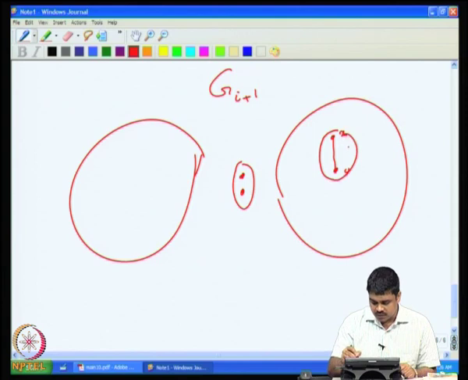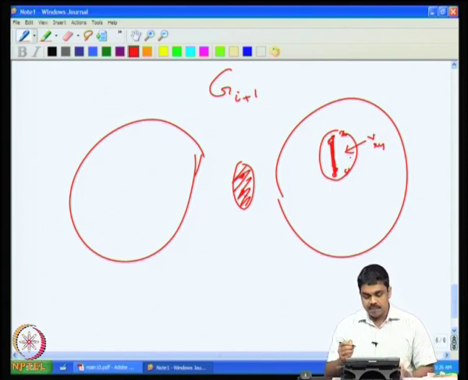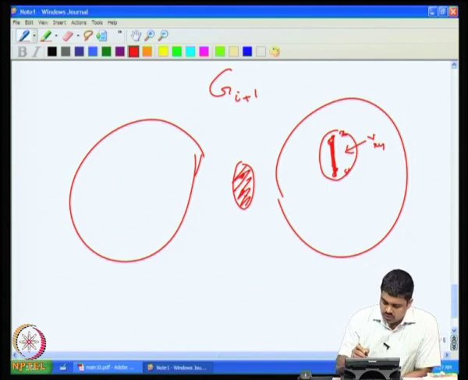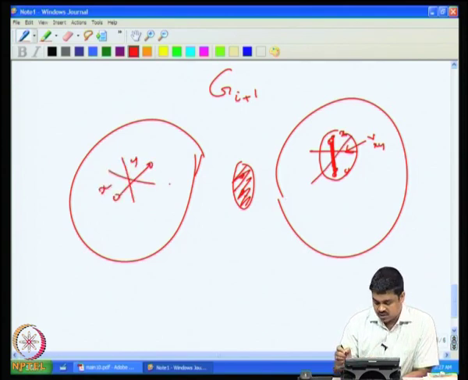If I contract, we replace them by Vxy, and what we get is Gi, but Gi is not supposed to have any separator of cardinality 2. Here you can see that this is going to remain a vertex separator for Gi also. So it's not possible to have x and y both on one side, because if you contract, we end up getting a separator of cardinality 2 for Gi also. So both situations are not possible.